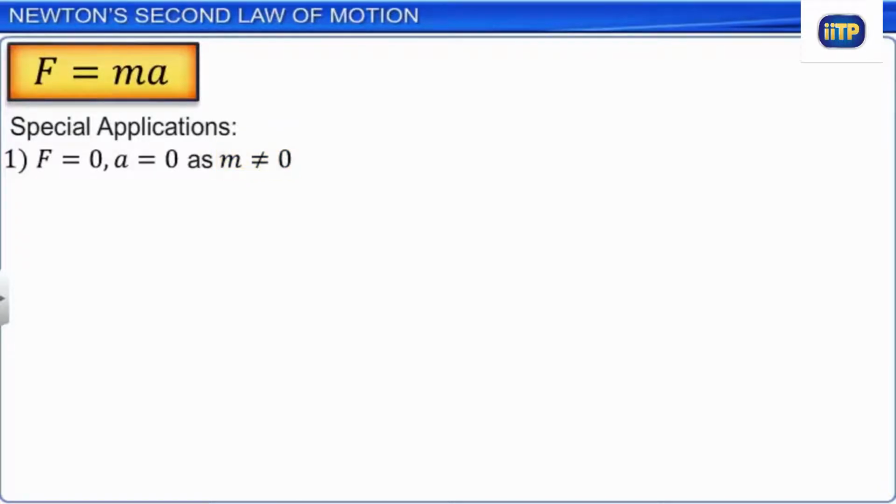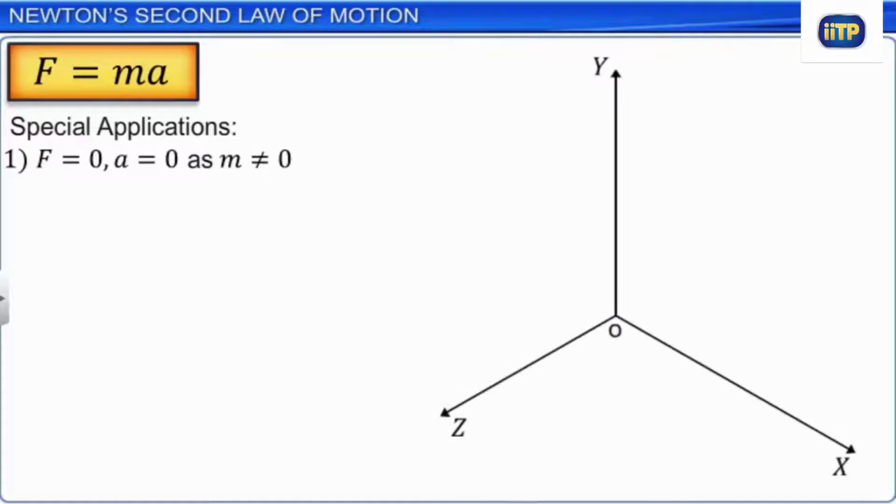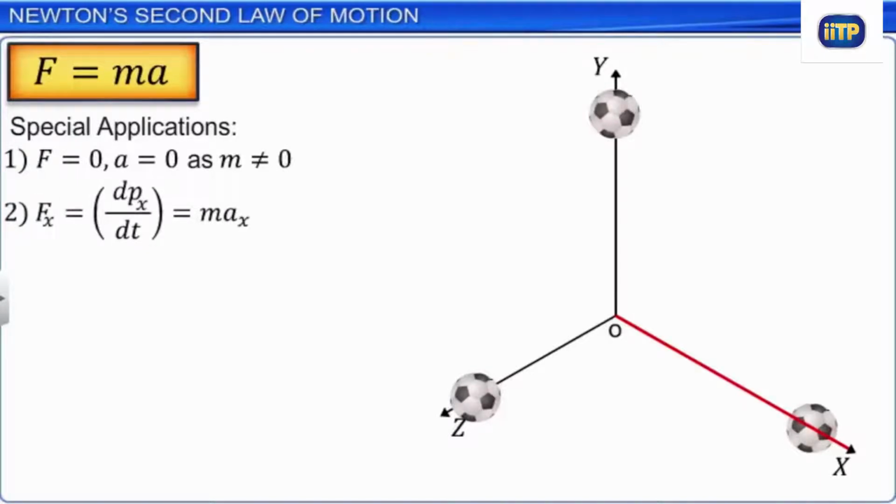Since force applied and momentum are vectors, we can apply the law by taking their components in the 3 coordinate directions, that is, x, y and z. Fx is equal to dpx by dt, which is equal to max. Fy is equal to dpy by dt, which is equal to may.